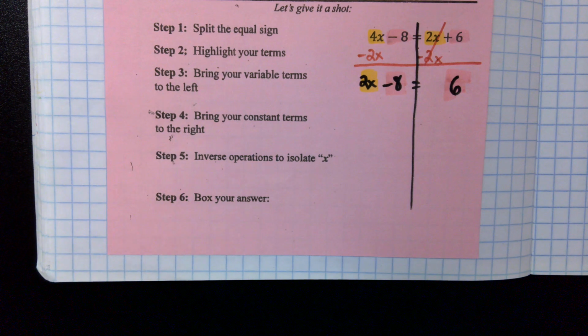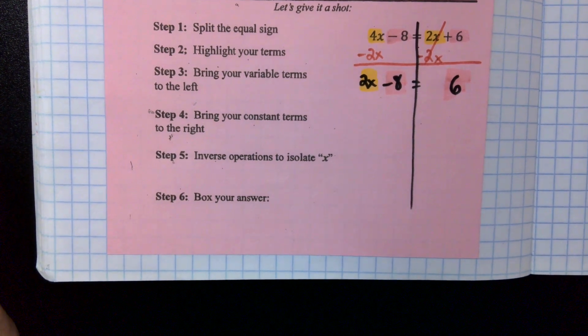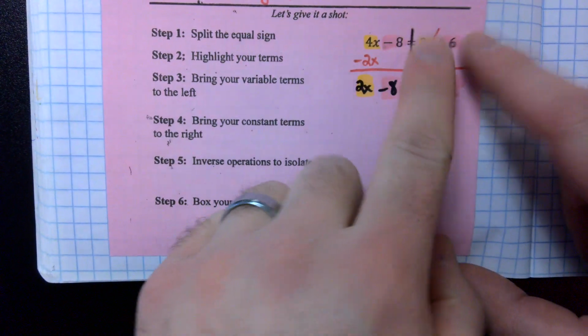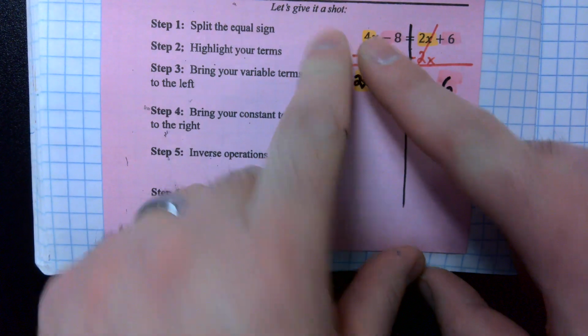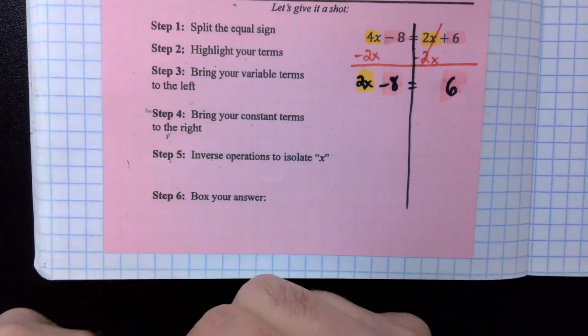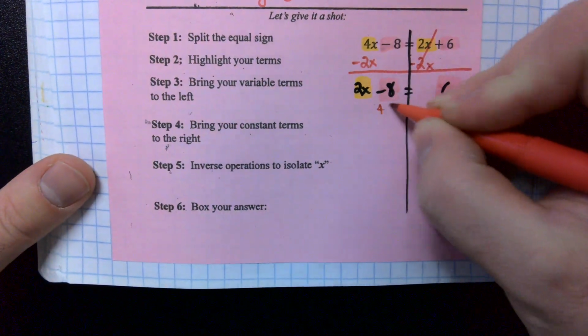Ukama sees it, Vanessa sees it, Alasia sees it, Billy, Amari, Josh, Javen. Good. So I'm halfway there. I got all my yellow terms joined up and combined on the left. Now I got to get all my pink terms joined up and combined together on the right. How can I do that with this negative 8? Add 8. That's right.